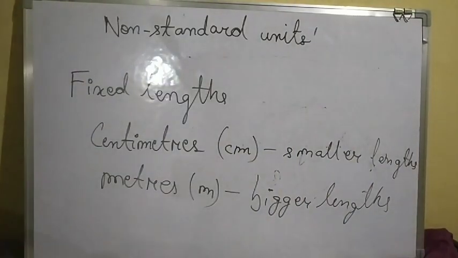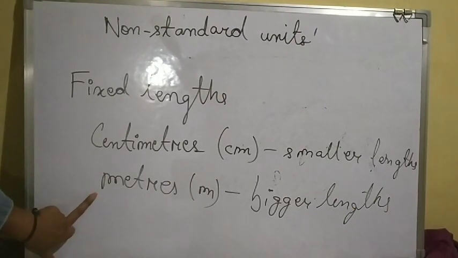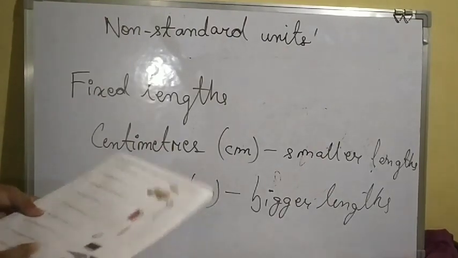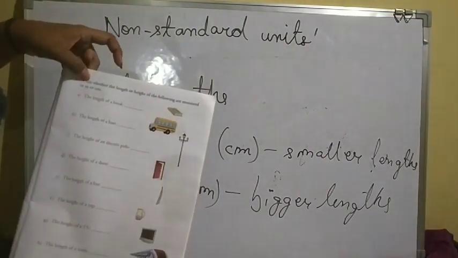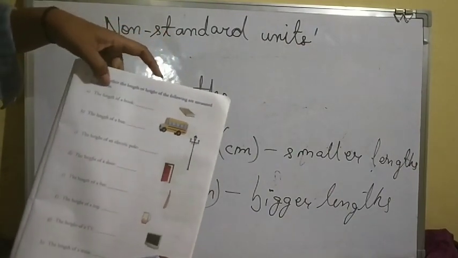So in this way we can measure the smaller units in centimeters. And the meter scale is used to measure your room, the windows, your cloth. Now you see here, write whether the length or height of the following are measured in meter or centimeter.